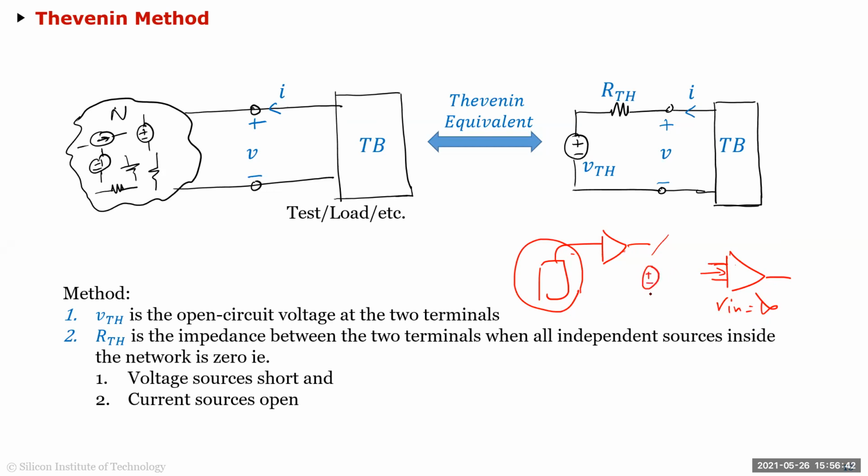Your cell phone will look like VTH and RTH, or VTH of S and RTH of S. Then you can analyze the system: there is an input impedance of Rin, the signal level is going to be so and so, and you can analyze it. You can do a Norton and do the same thing too, but it's easier to do Thevenin.